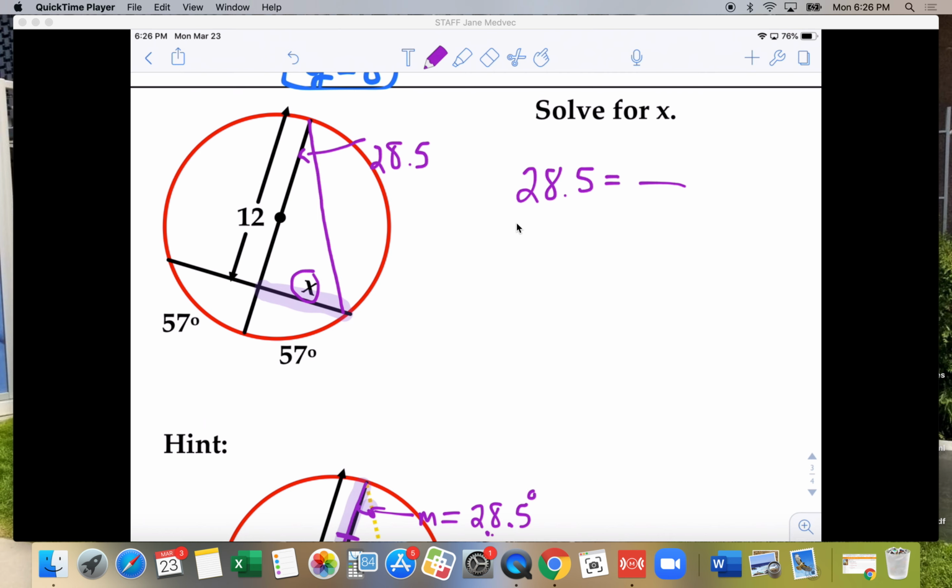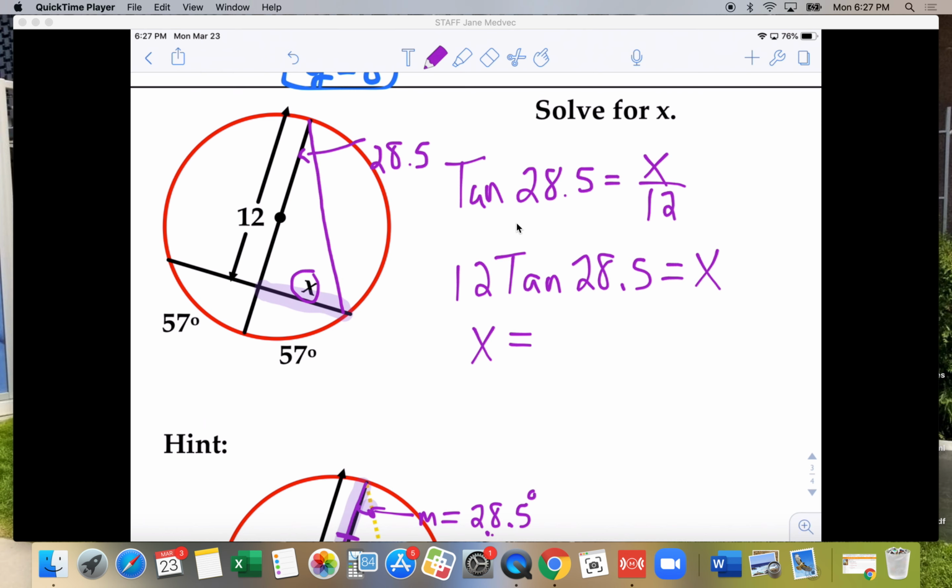X is the opposite over the adjacent, and I'm going to take the tangent of it. Multiply both sides by 12. Go ahead and plug it through your calculator, and you'll end up with 6.5 units.